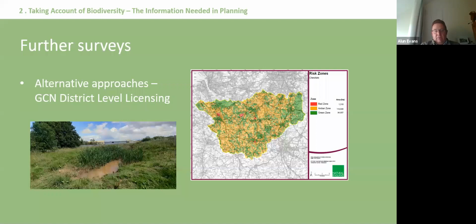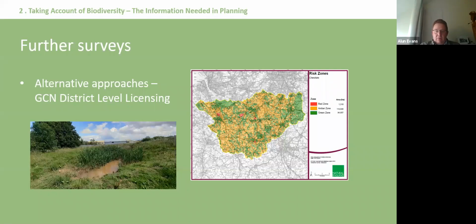And if you go through that route and make the conservation payments, there's no actual need to undertake your own surveys. Although it's probably wise for developers to do that initial scoping in the first place, to identify whether there are any newts on the site or adjacent which may be impacted, before entering into an arrangement with Natural England or Naturescape.